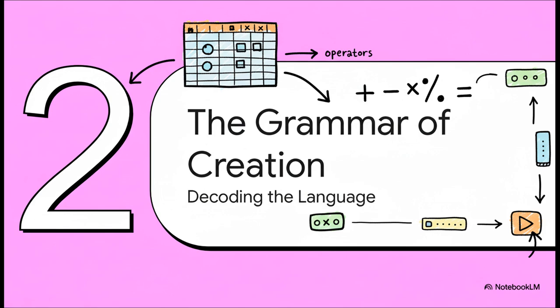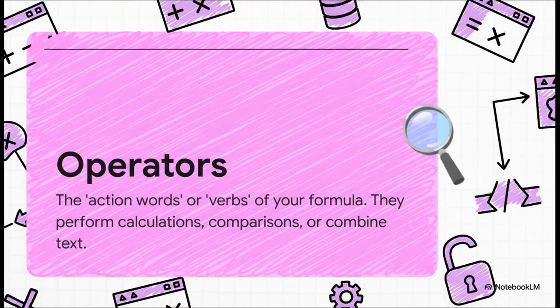You know, every language has a basic grammar, right? Well, PowerFX is no different, and we're going to decode the two most fundamental parts of that grammar, operators and identifiers. Think of them as the verbs and the nouns. Once you get these, you can write any formula you want. First up, operators. The easiest way to think about these is as the verbs of your formula. They're the action words.